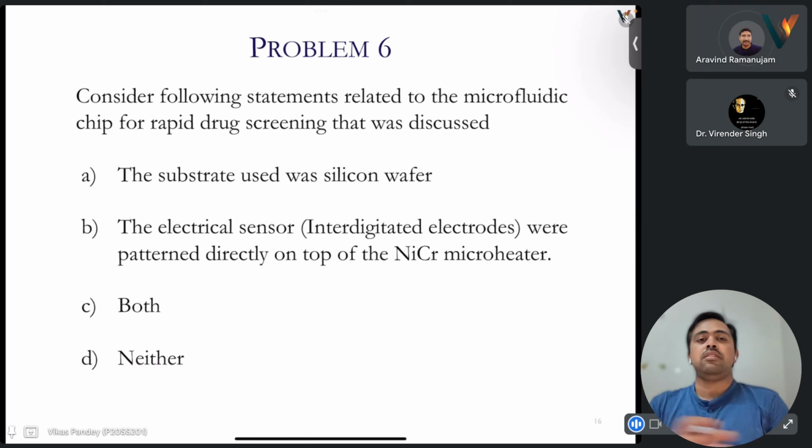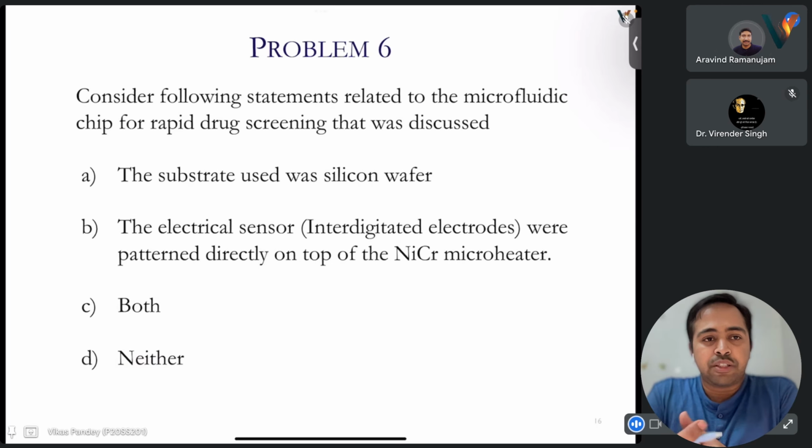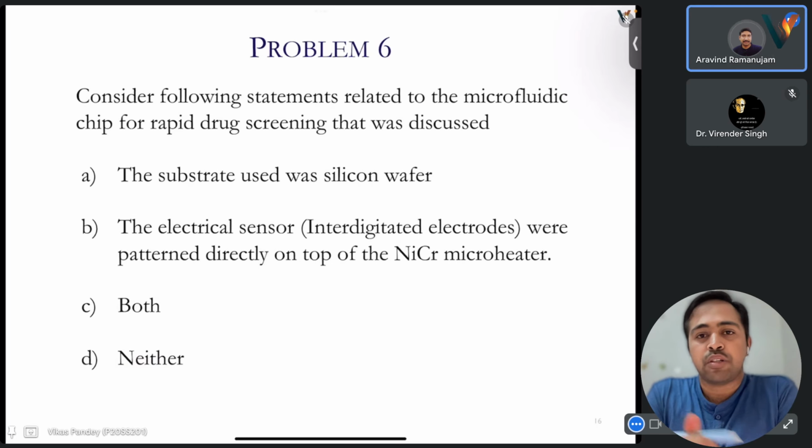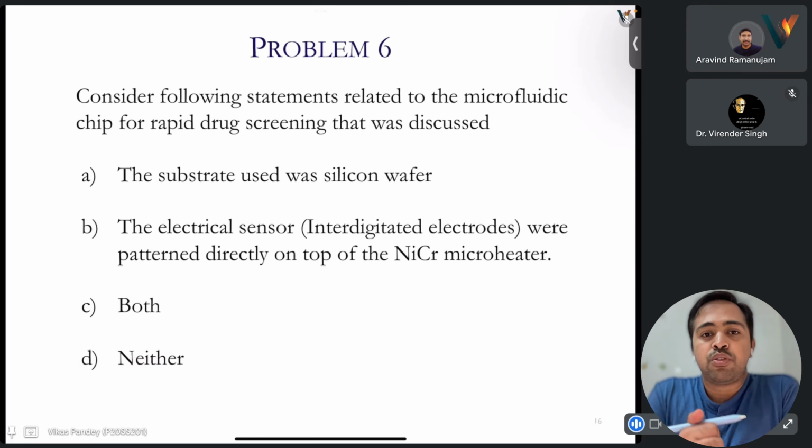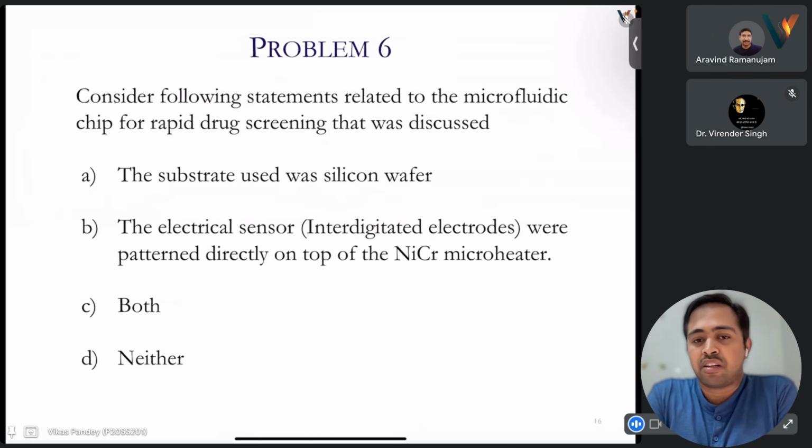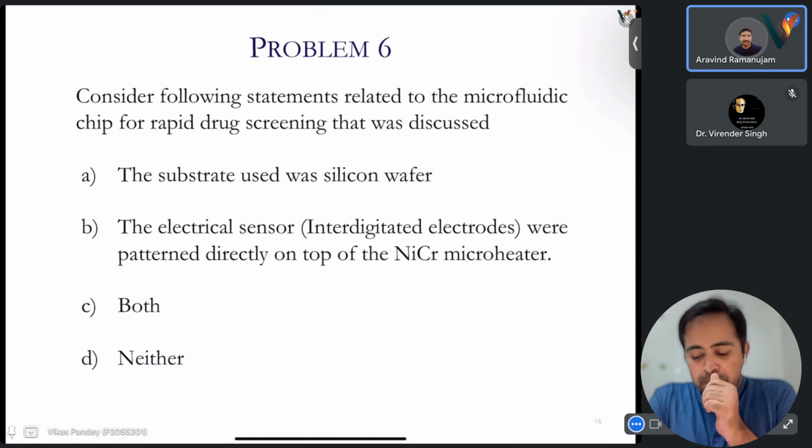So let's consider the following statement related to the microfluidic chip for rapid drug screening that was discussed. The substrate used was a silicon wafer. The electrical sensors, like the IDE pattern, were patterned directly on top of the nichrome microheater. Both or neither?